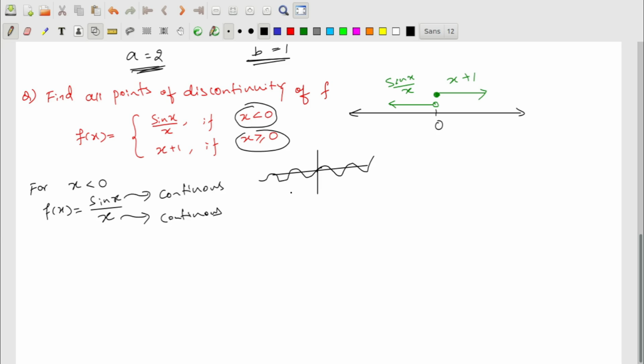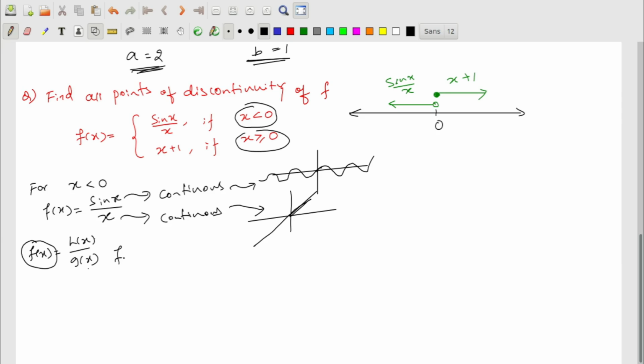polynomial or an identity function. What is the graphical representation? So this is how we get, right, without any point of discontinuity. So this is our sine and this is our x. So you can write f of x as h of x divided by g of x, and we know that if h of x and g of x are continuous, then f of x is a continuous function, right?